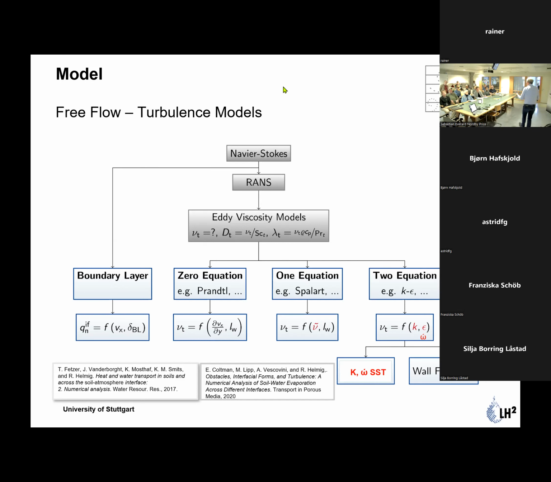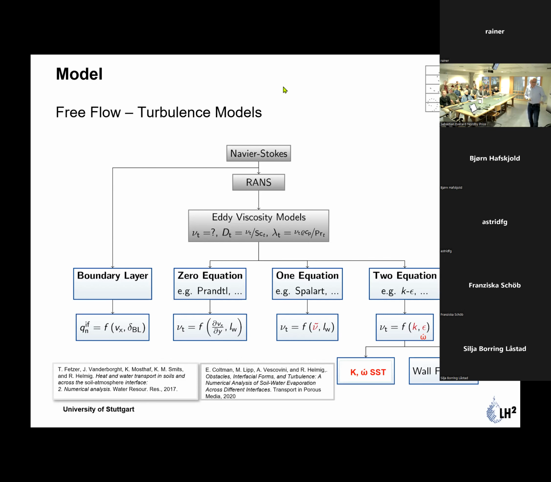The SST model is a model that helps us to transfer from the k-omega model at the wall to the k-epsilon model far away. That works very well. Okay, that's a transfer function. If you're interested, it's my pleasure. Okay, but this is not the point for the talk itself.